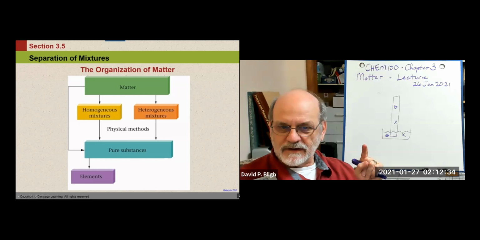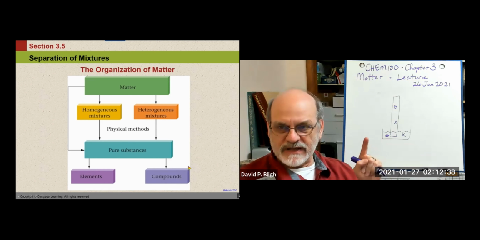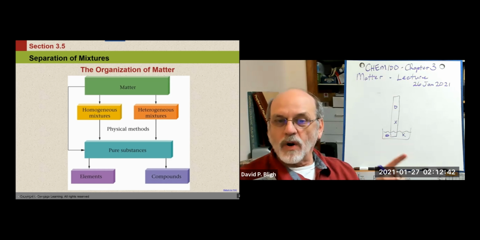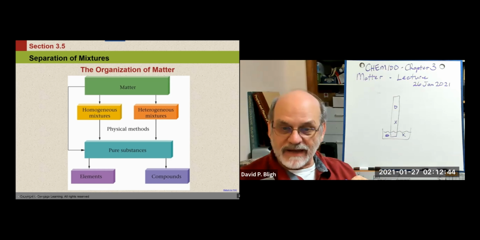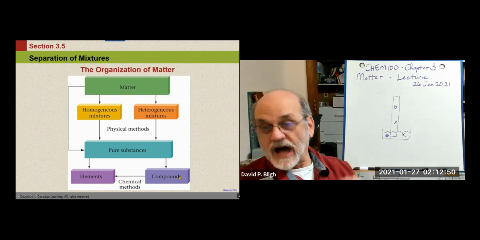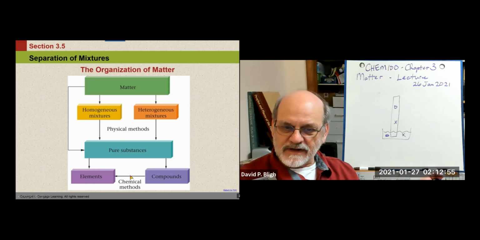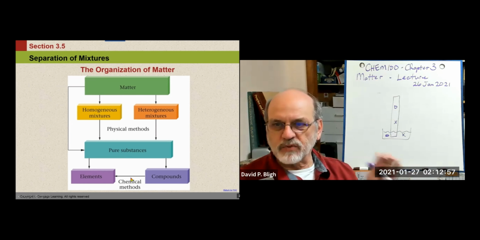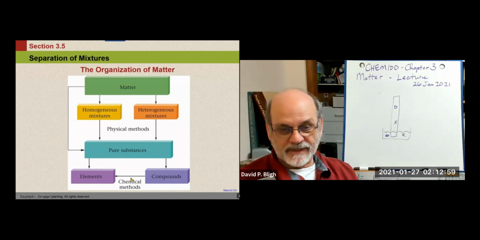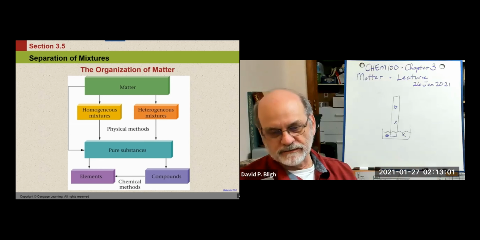But if you have a pure substance, it can be an element, or it can be a compound. And the only way to go from a pure substance compound to a pure substance element is by chemical means. You have to break bonds, and very often reform new ones.